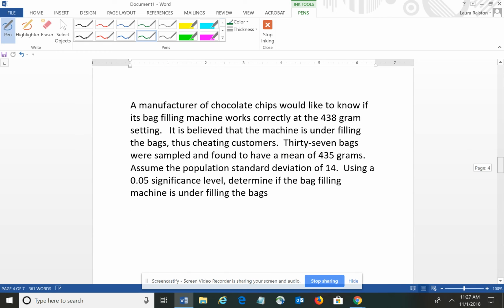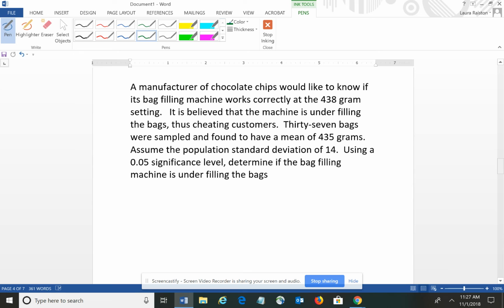Now let's take a look at one that's a little bit more involved. This is really more how a hypothesis testing question would be expressed because you have to have lots of information given to you. So it says, a manufacturer of chocolate chips would like to know if its bag filling machine works correctly at the 438 gram setting.